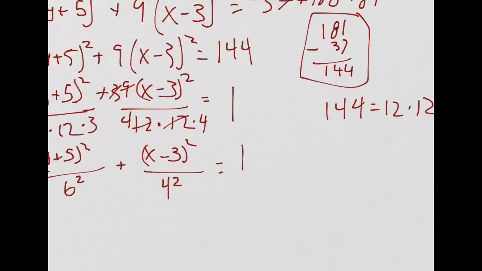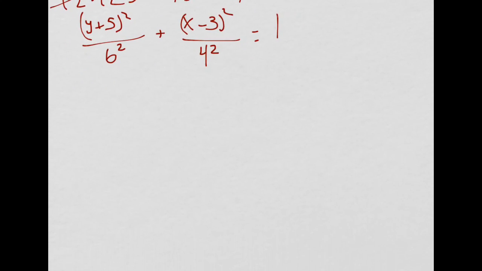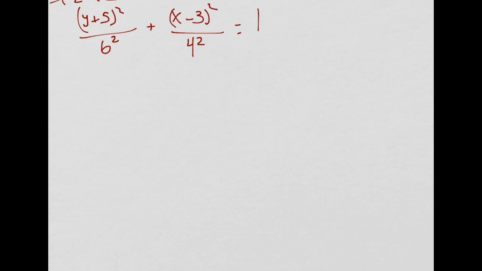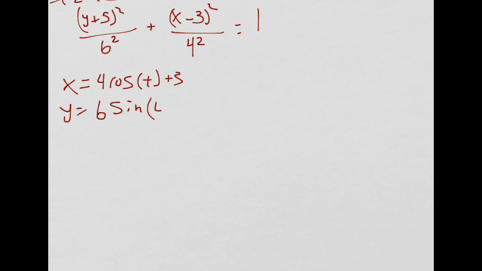So that was a lot of work, but we got our equation, which is good. I'm actually going to jump straight into it and go x equals and y equals. So x is going to equal 4 cosine of t plus 3, and y is going to equal 6 sine t minus 5. Again, that's just because these are in the form.